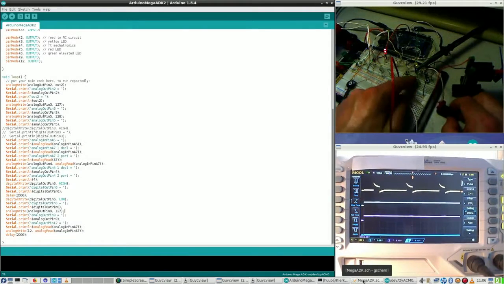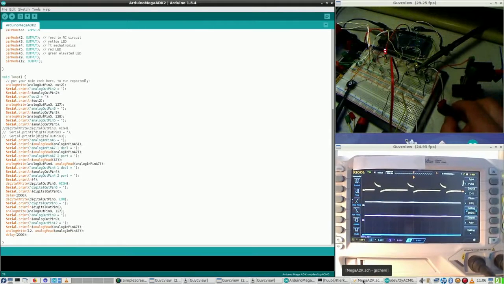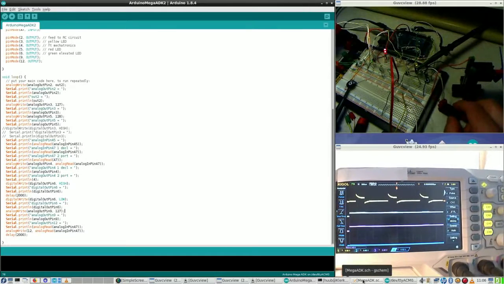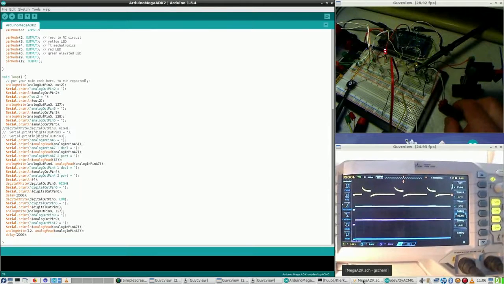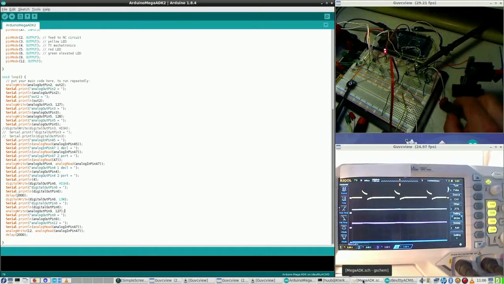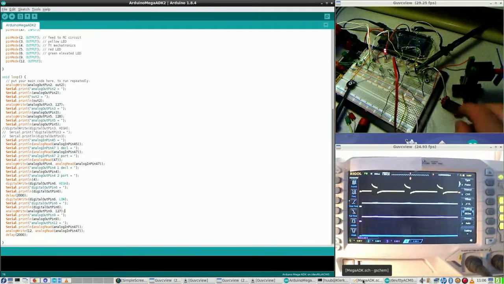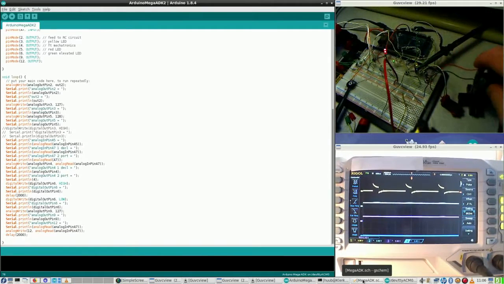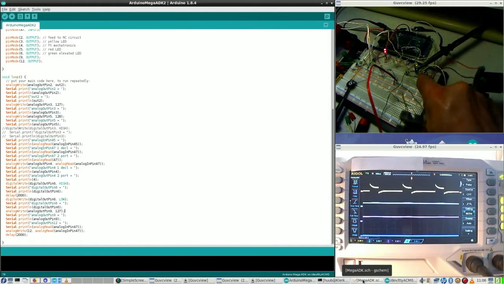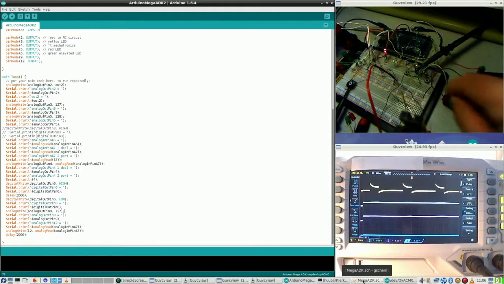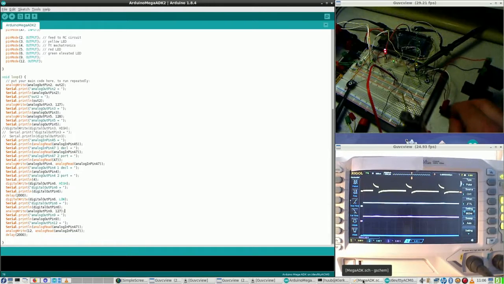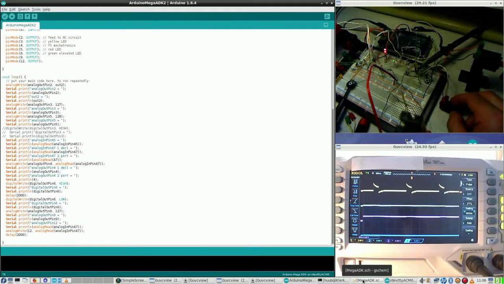So if I put this, because how are other motors done? Pulse width modulation and power. This one is not into power. Now none of them is into power. So if I put this wire right here into power, nothing happens.